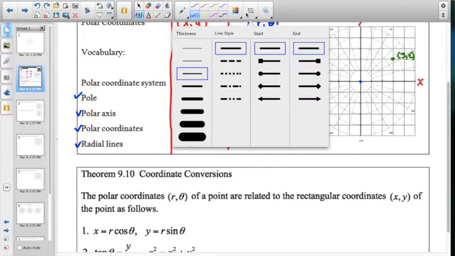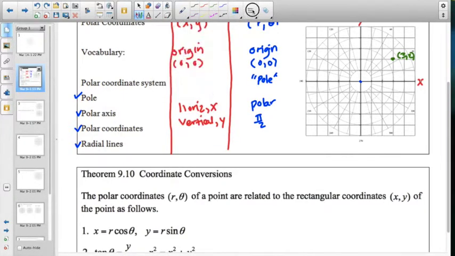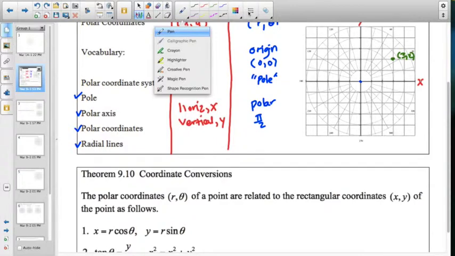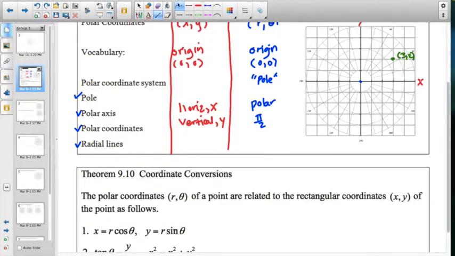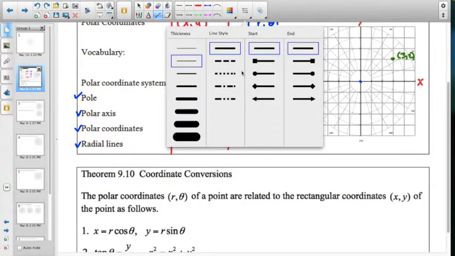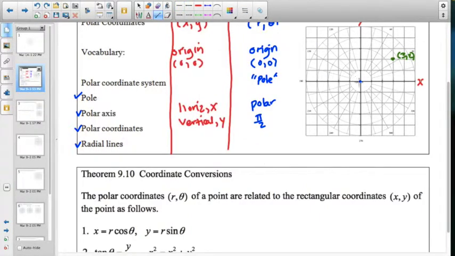In other words, if I were to draw a line here, let's get a good line color, maybe purple, that line would be from the pole out to that point. So there is that line. Let me draw that a little bit better.